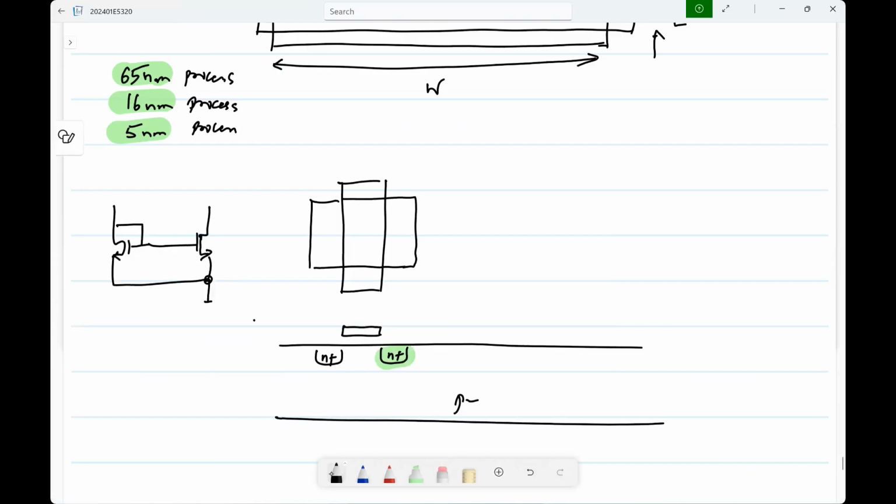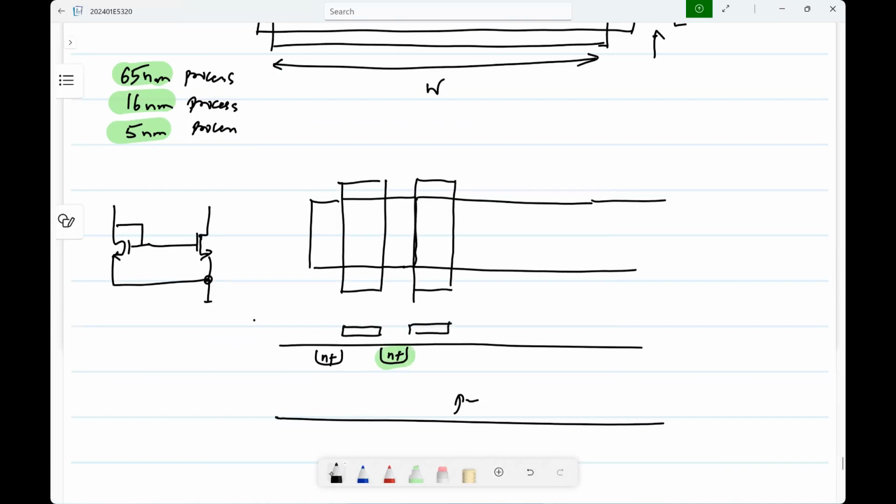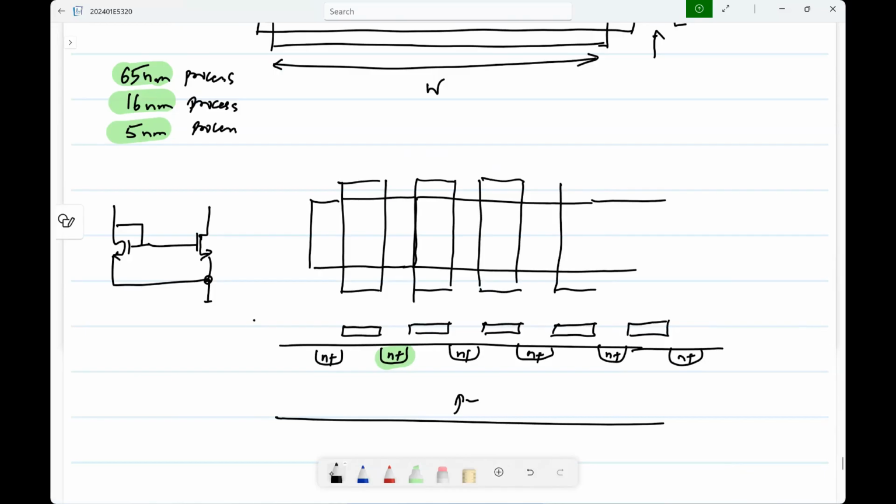Okay. So what you do is you just extend this and you have the second gate here and the third gate over there. Totally we have 5, right? So you just have these gate fingers like this.